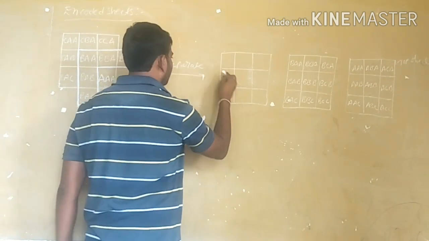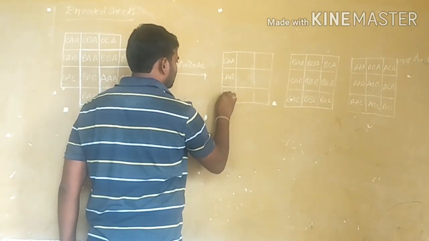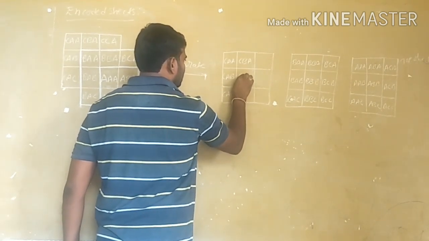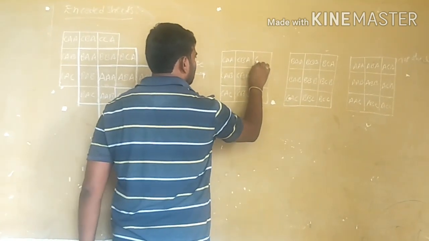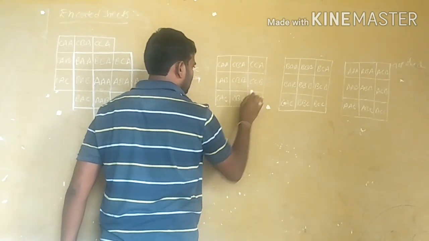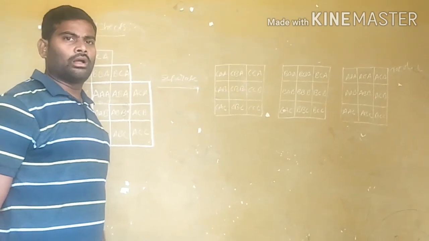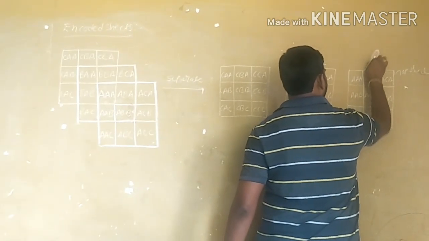Then bottom sheet is CAA, CAB, CAC. Next CBA, CBB, CBC. Here CCA, CCB, CCC. And these are separating, and these are the resin beads.